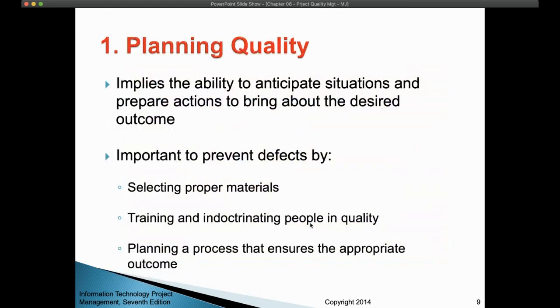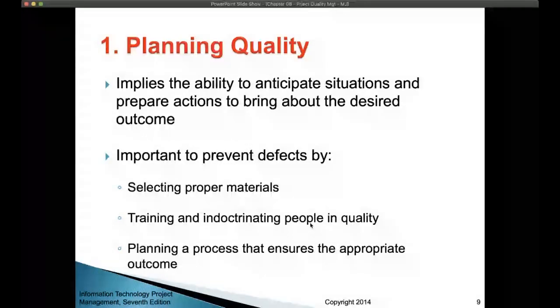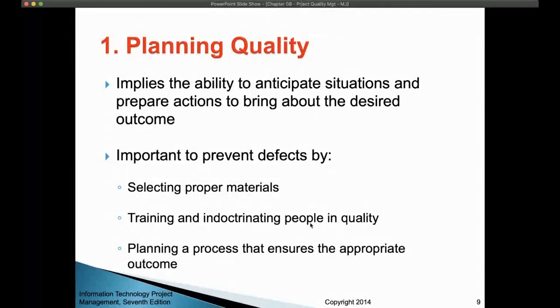Okay, if we take the first process, planning quality, this implies the ability to anticipate situations and prepare actions to bring about the desired outcome. Because you are planning, you haven't started working yet, so you have to try to expect what situations can happen, what problems, what defects can happen in the product while you are producing it.